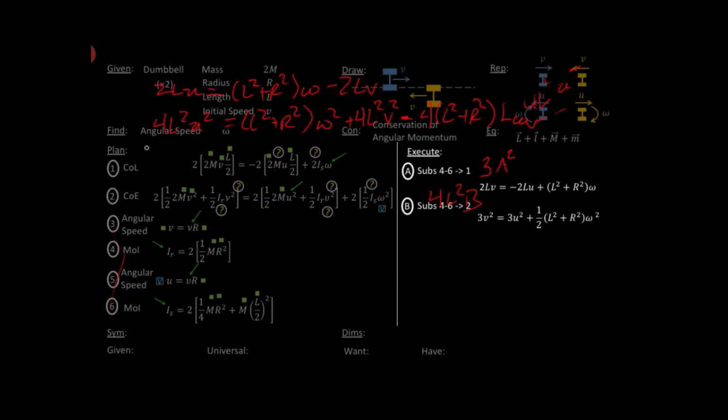So we have 12 L squared U squared is equal to 3 L squared plus R squared omega squared plus 12 L squared V squared minus 12 L squared plus R squared times L omega V. So we have to do the 4L squared on this one now, so we have 12 L squared U squared is equal to 12 L squared V squared, and this guy is minus, because this guy has to go over on this side.